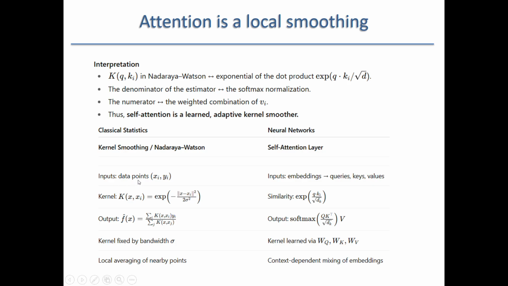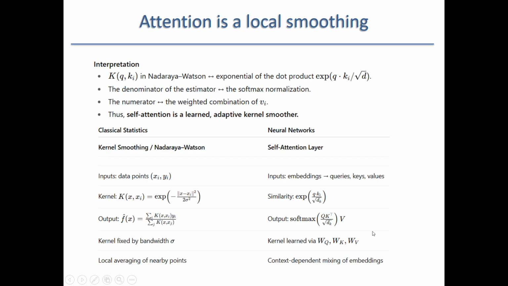So we had input data points. Now what we have are keys and values, and then we have also a query. Before, we had to compute how far my query was from the observed data points, and here we do that by similarity, and then the output is a weighted average of that. And now the key thing is that in the standard local regression, the bandwidth was fixed, so how wide the Gaussian kernel was was fixed.